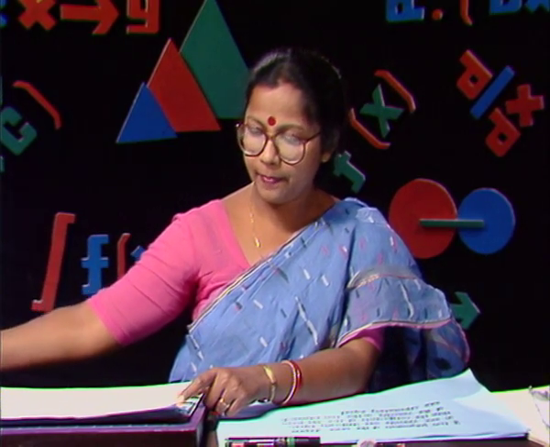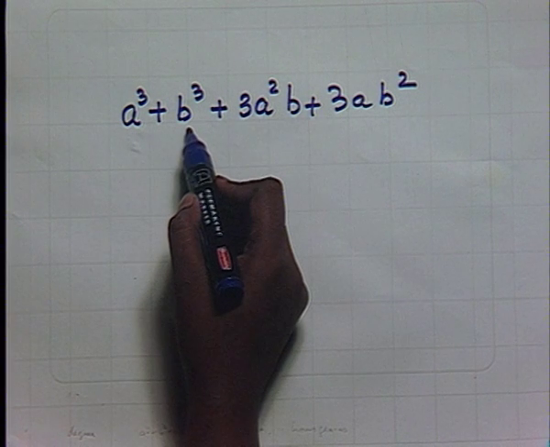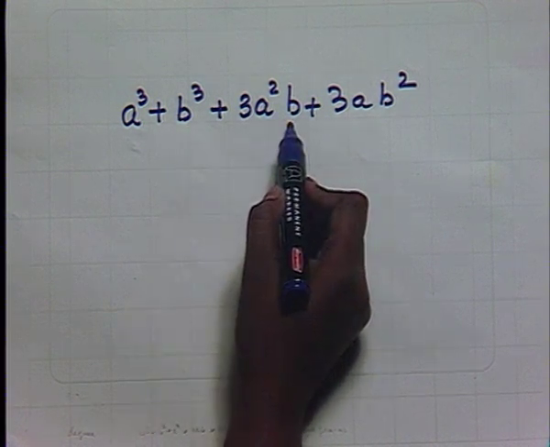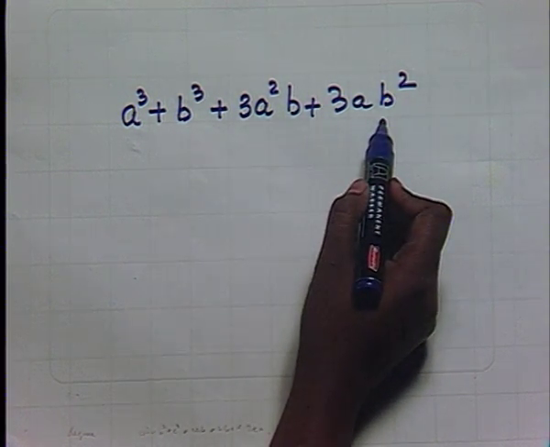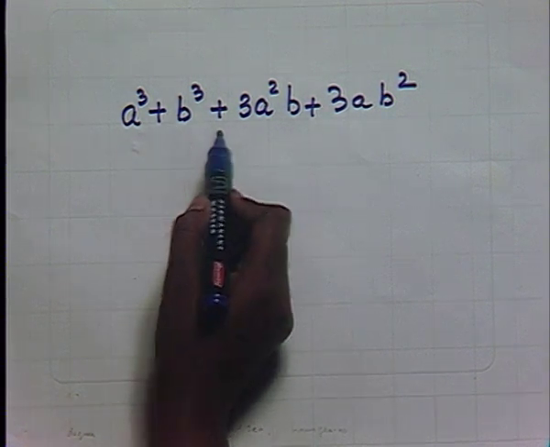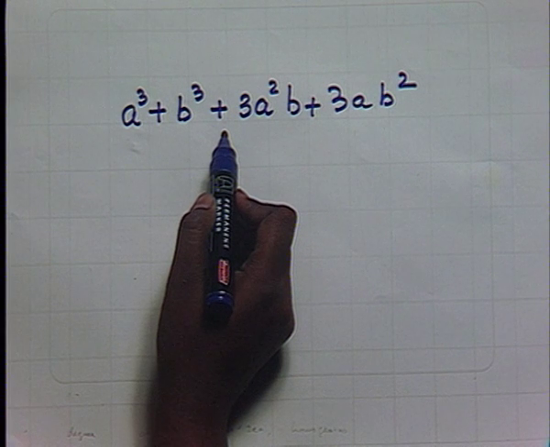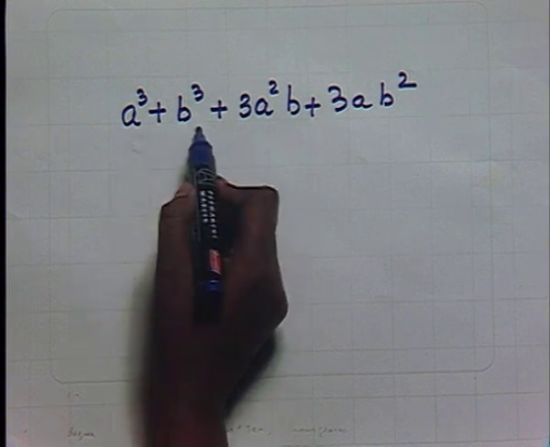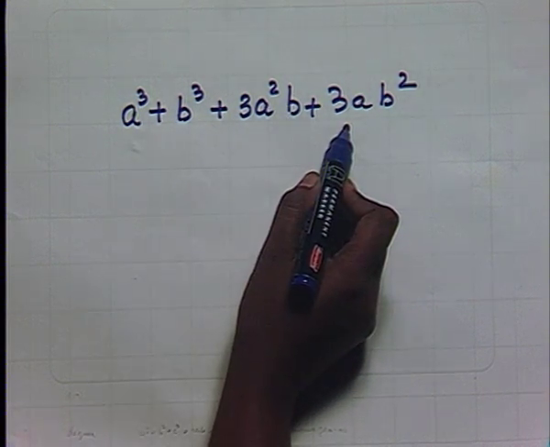Now, look at the expression a cube plus b cube plus 3a square b plus 3ab square. What is the degree of each term in this expression? We find the degree of each term in this expression is 3.